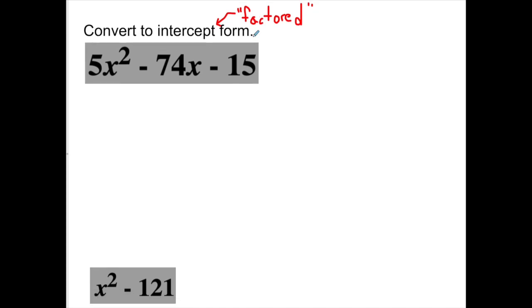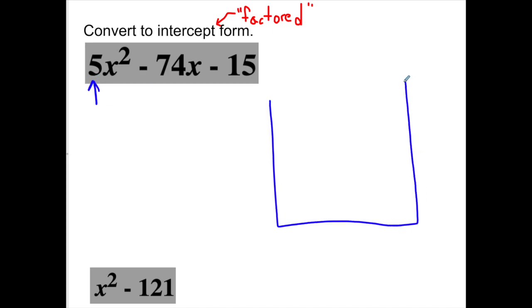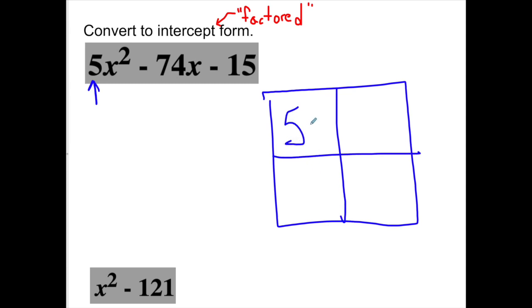We need to convert to intercept form. I chose this one mostly because the a value here was more than 1. I guess that's one reason. But also, it is a prime number. So what I'm going to do is open with a box. Up here, I put my 5x squared, and down here, I put my minus 15.